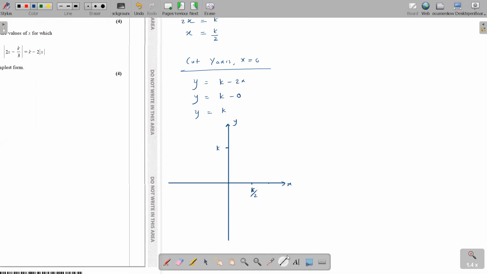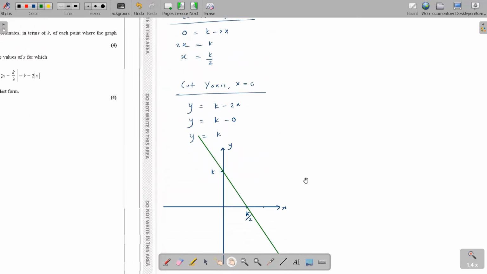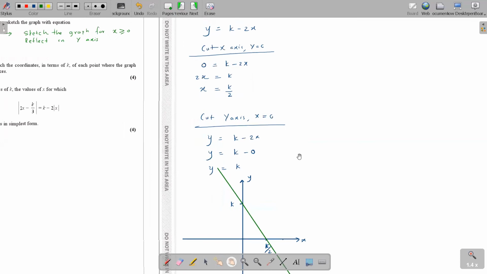If I draw the straight line, I end up getting something like this. So this is the straight line y equals k minus 2x. I did not think about the modulus immediately, I just drew the straight line graph.